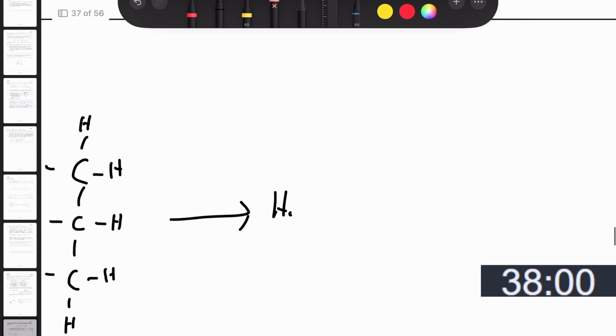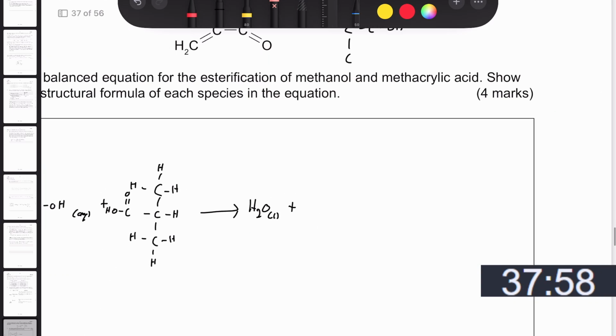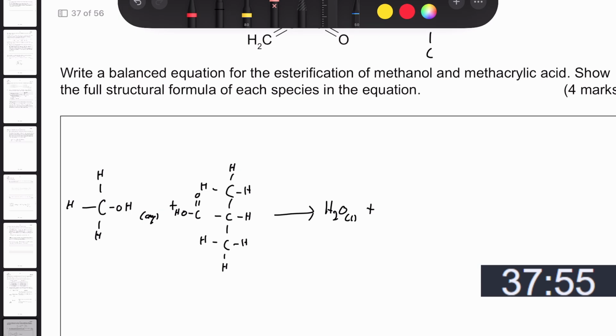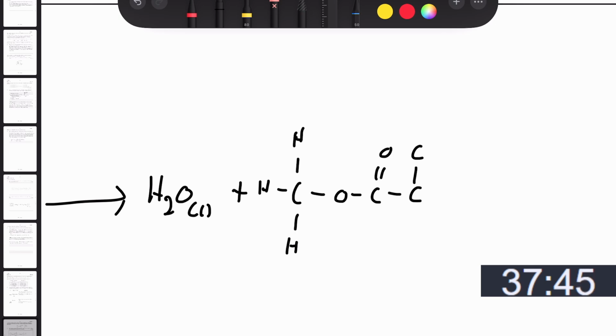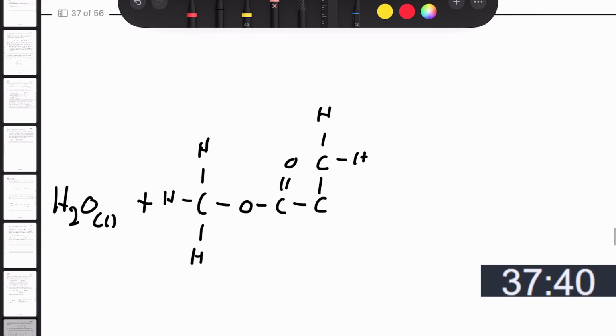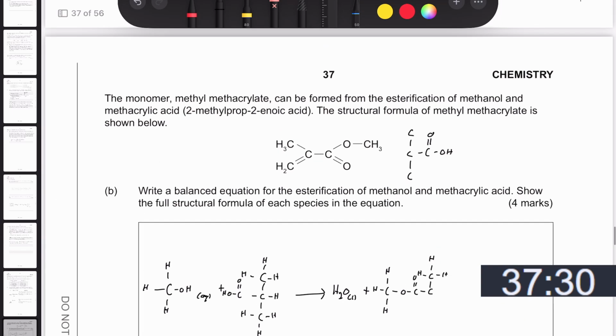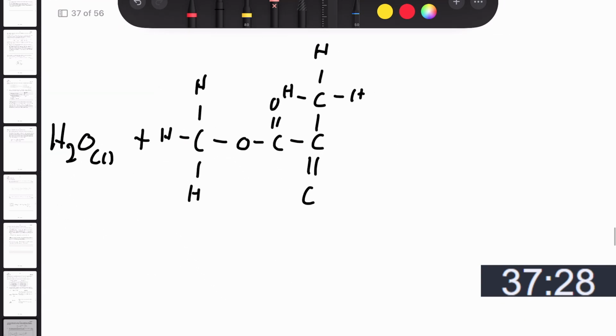So then this would be H2O liquid plus CH2 double bond C, CH3, COO, and then the C has H like that.